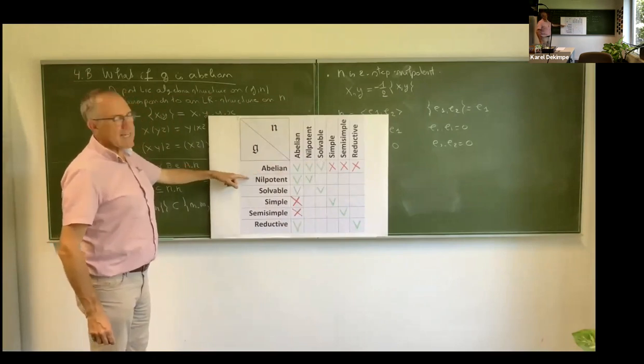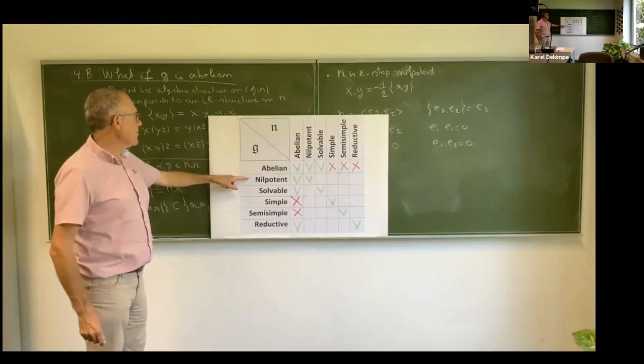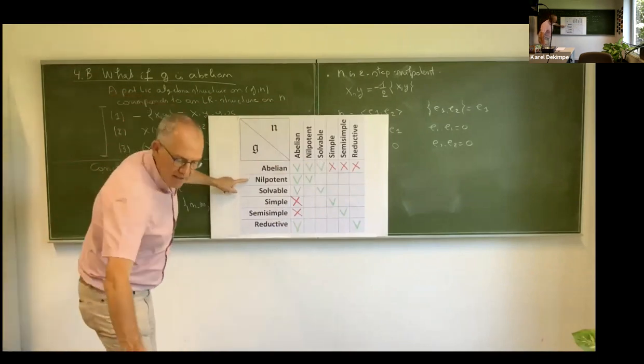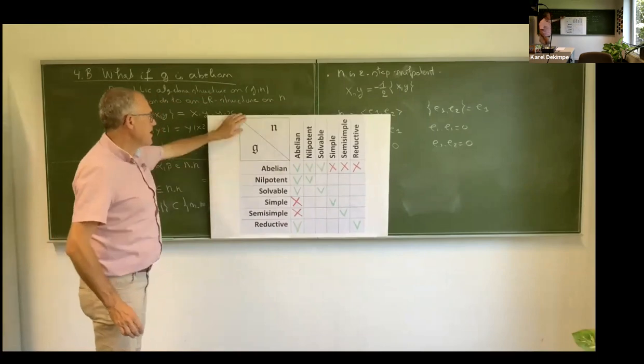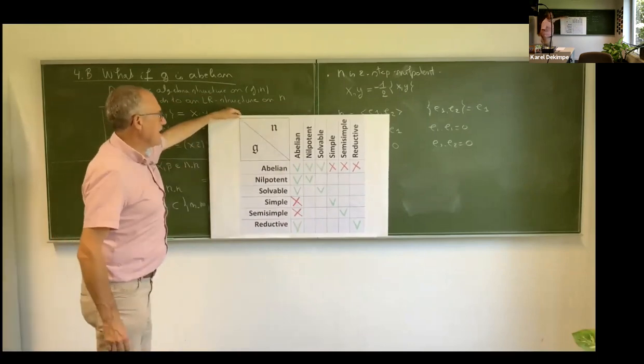So time to go to the second row. So now I will consider the situation that G is nilpotent. And as you see, it gradually gets more and more complicated.